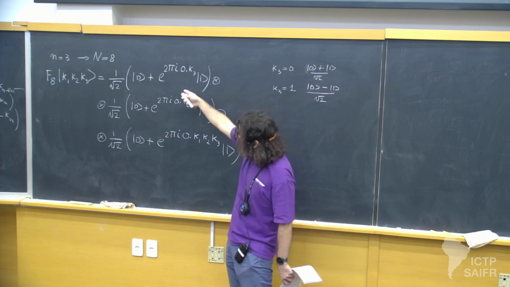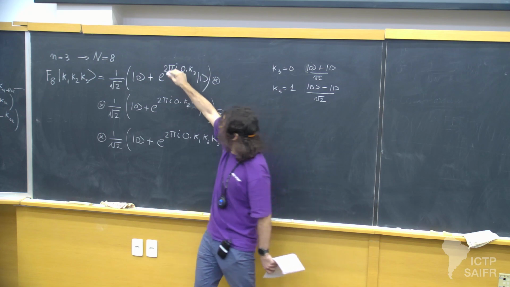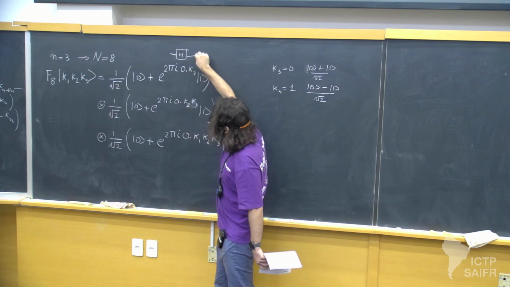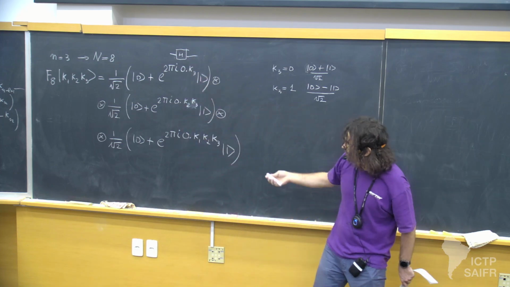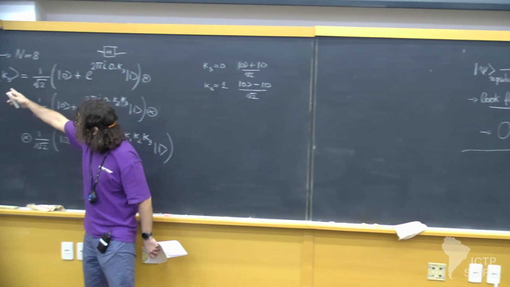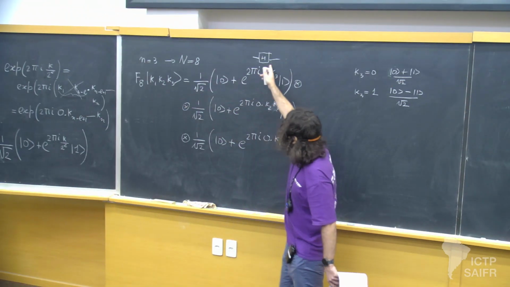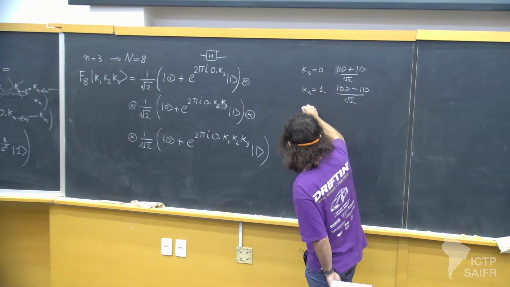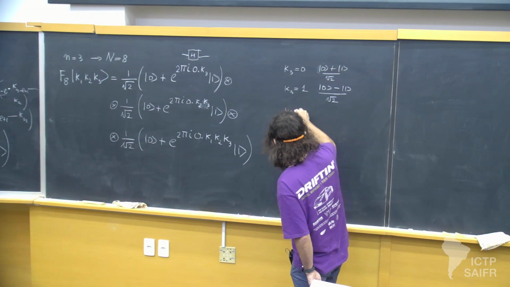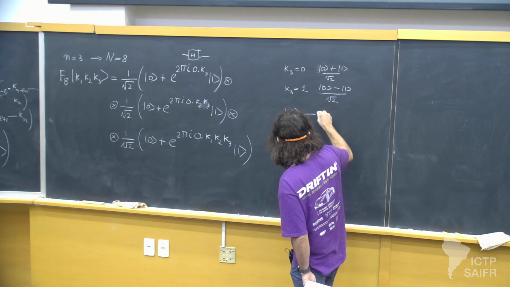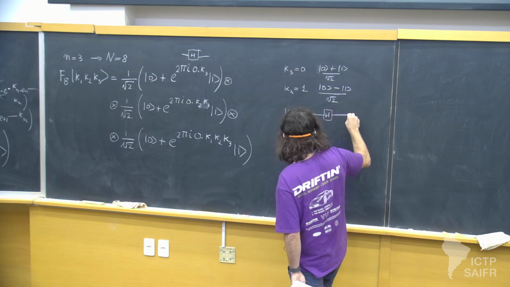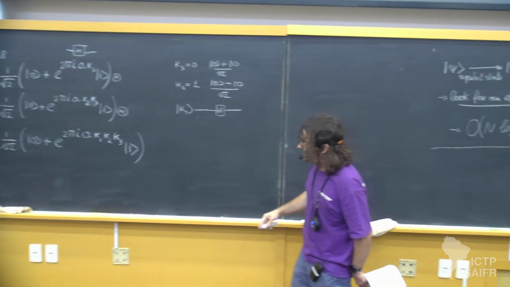So we see that this can be reproduced by a simple Hadamard gate. K3 acted on by a Hadamard reproduces this. So the first point is that K3 receives a Hadamard, and goes. Now let's see K2.